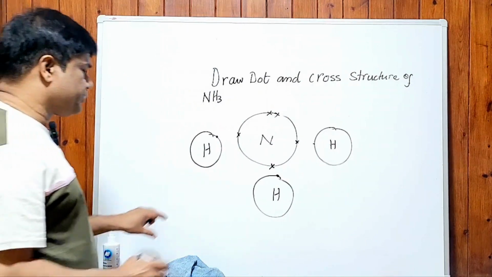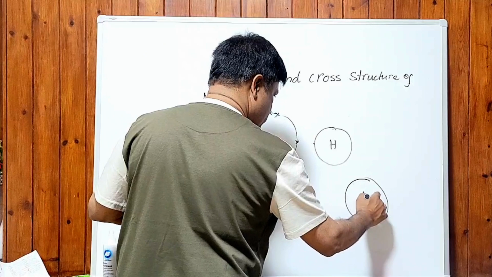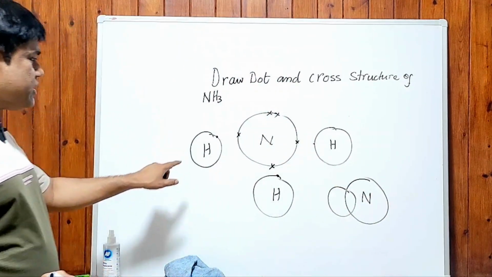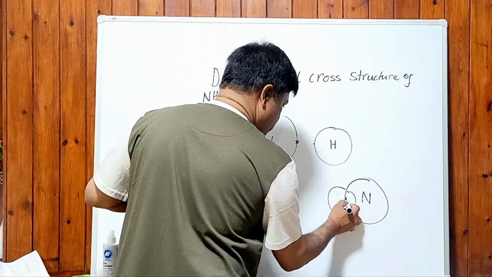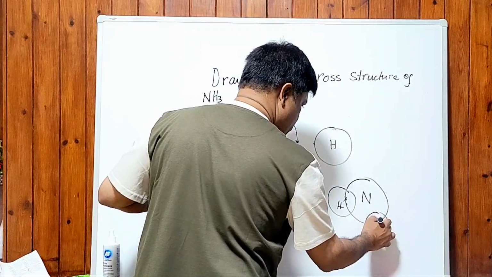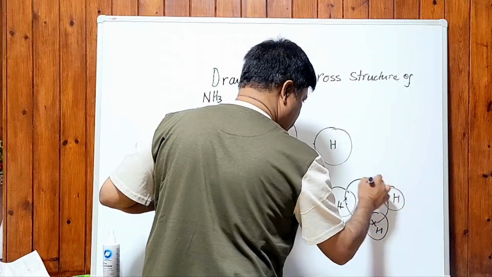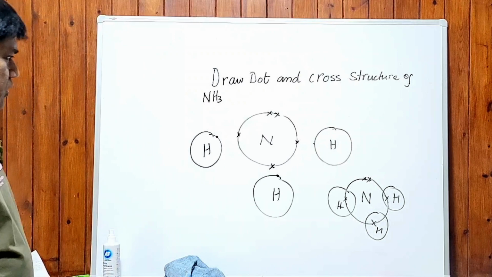Look at that. So that's the central atom, nitrogen, which is only one atom. That's called the central atom, and it is surrounded by 3 hydrogen: 1 hydrogen, 2 hydrogen, and this one also hydrogen. And lone pair. Ammonia has 1 lone pair.